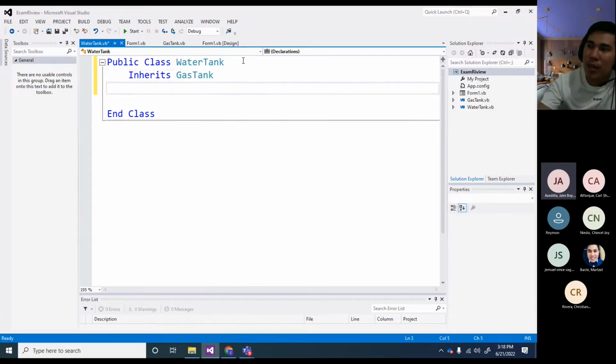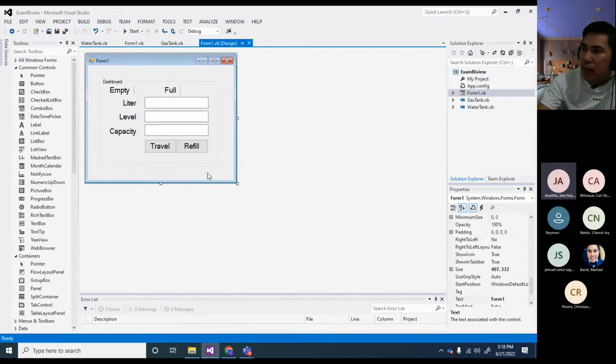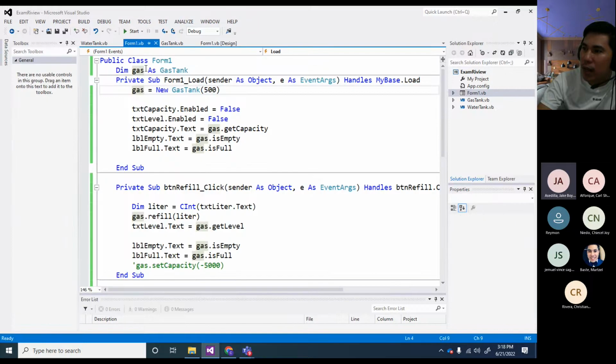This means you can use the properties that gas tank has. This is an IS-A relationship. So whenever I declare, let's say, gas as water tank.